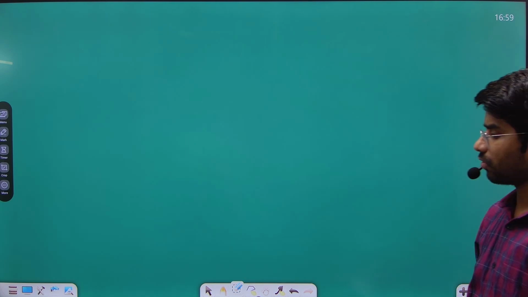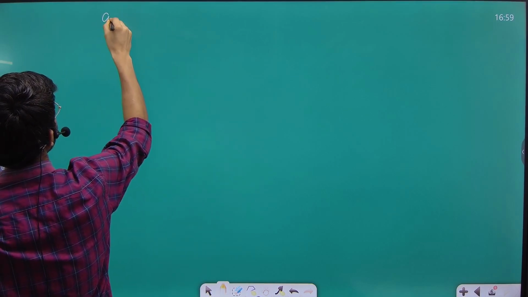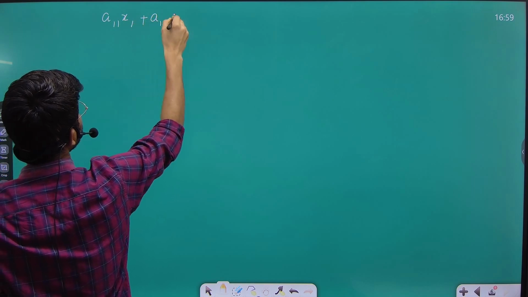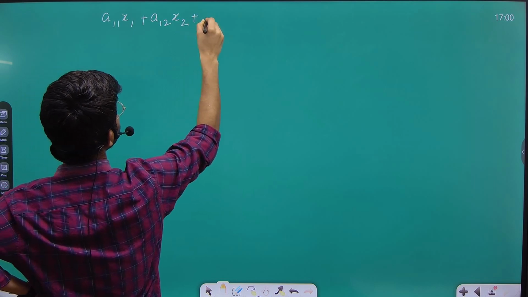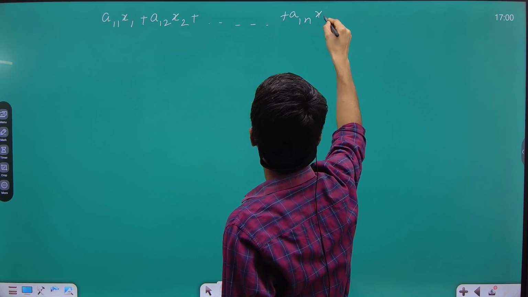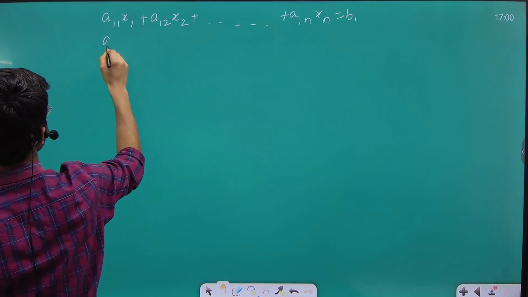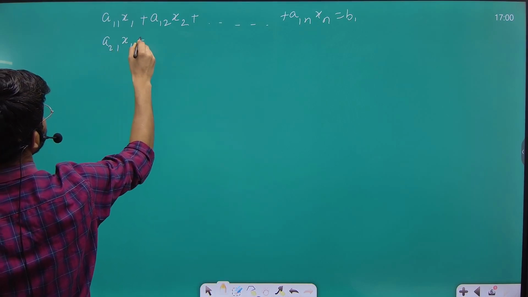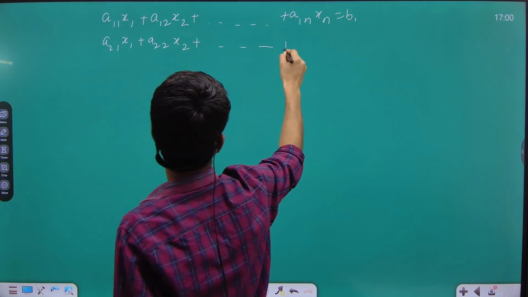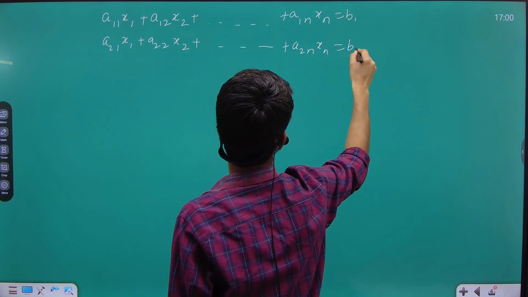Okay. So in the Leontief model, we saw that a11 x1 plus a12 x2 and so on to a1n xn equal to b1. Similarly, a21 x1 plus a22 x2 and so on to a2n xn equal to b2.